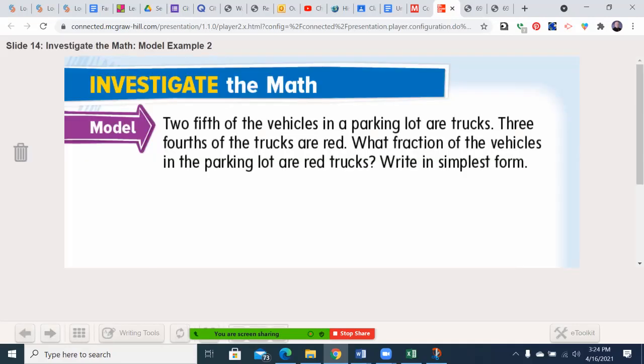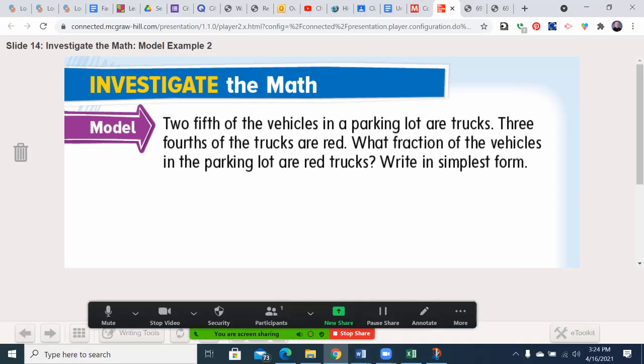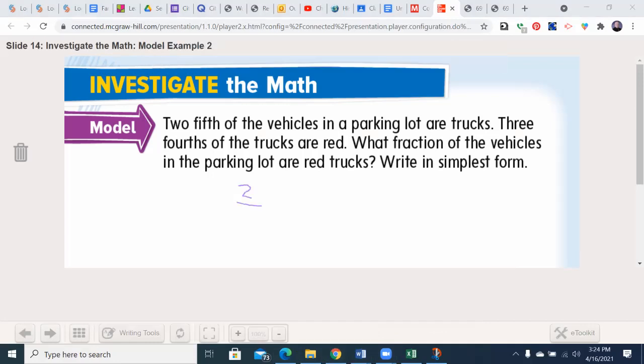2/5 of the vehicles in a parking lot are trucks. 3/4 of the trucks are red. Now we can multiply. So we have 2/5 of 3/4, which is multiplication. The easy part about this is I multiply the numerators, getting 6, and multiply the denominators, getting 20. And I can simplify.